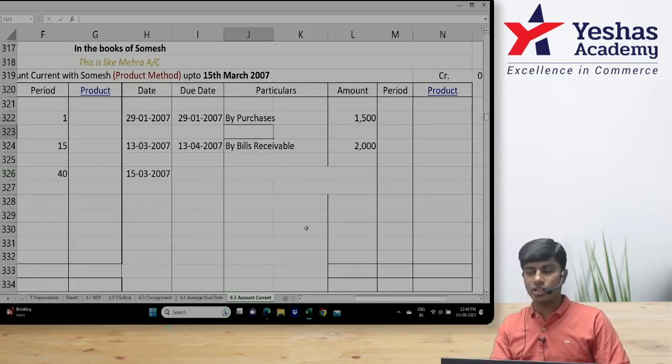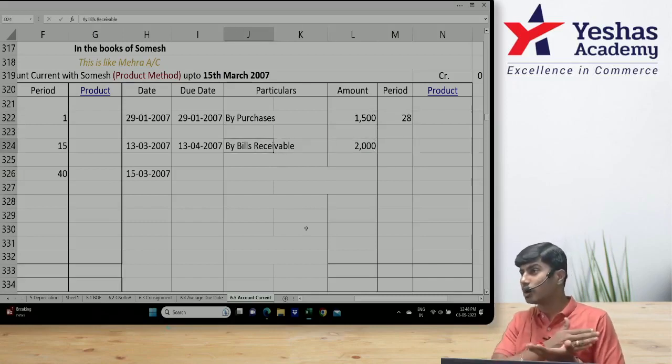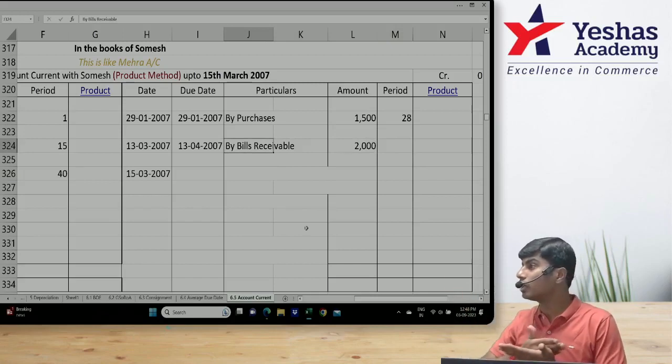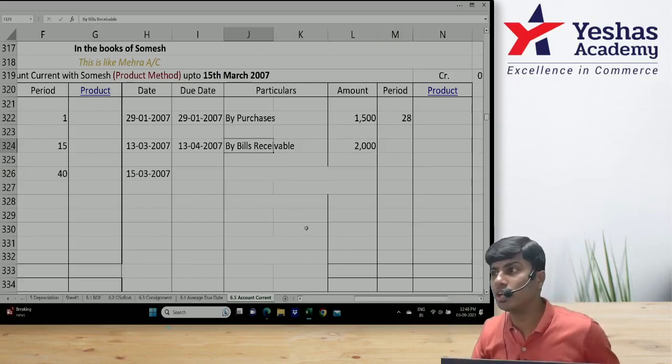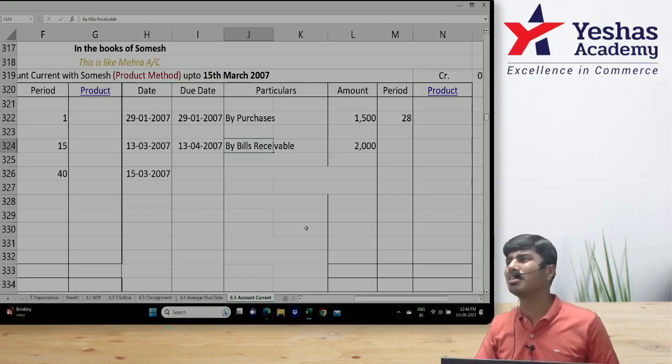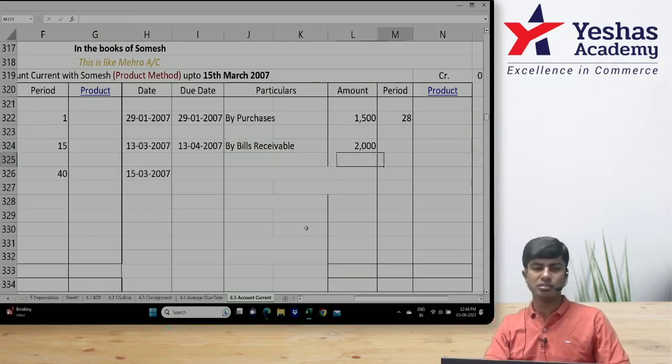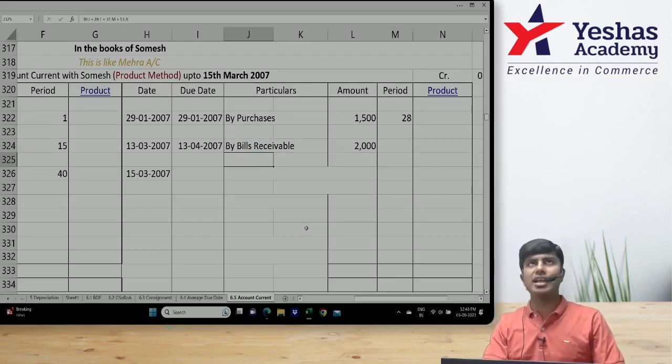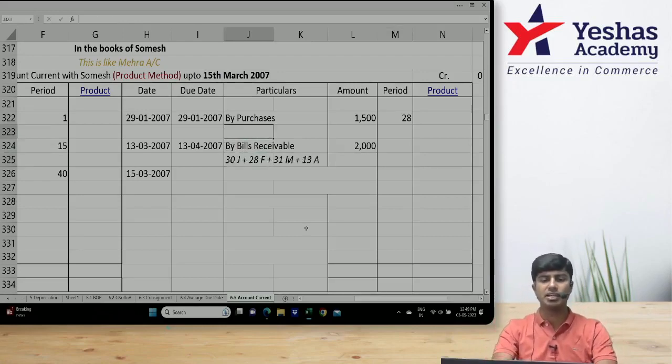Over here, this will come out to be positive. Why? We're counting forward, no? It will eventually come out to be positive. It will be 30 days in January, 28 days in February, 31 days in March, and 30 days in April.